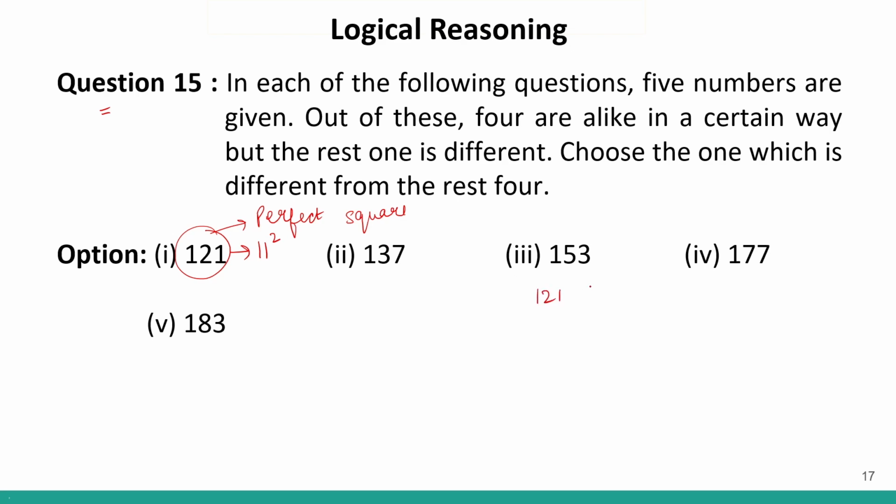We have 121 as 11 square and next we have 144 as 12 square. So this is eliminated. Then we have 13 square which is 169. So this is eliminated. Then we have 14 square which is 196. So this is also eliminated. So these are not perfect squares. The perfect square is only option number 1 which is 121. Therefore, this will be the correct answer to this question.